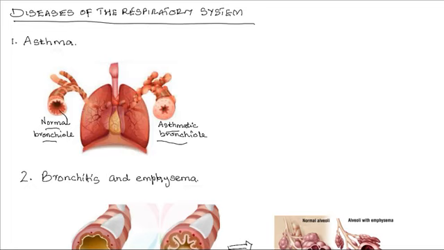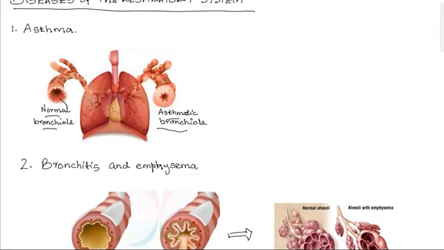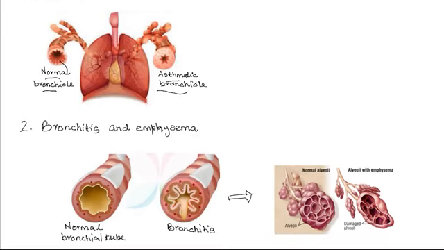The second disease of the respiratory tract system is bronchitis. Bronchitis refers to the inflammation of the bronchial tubes.